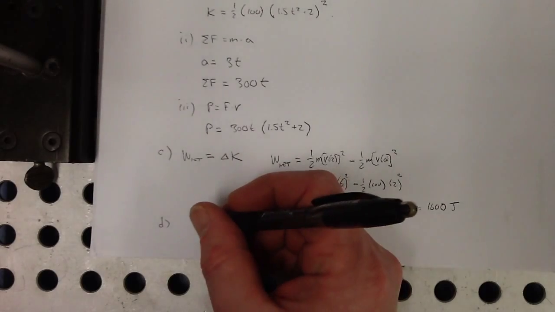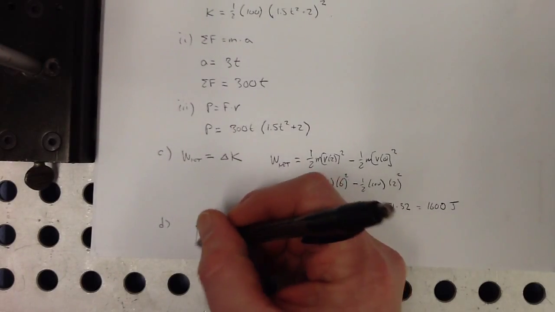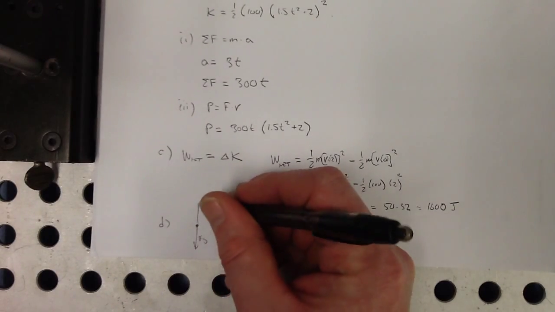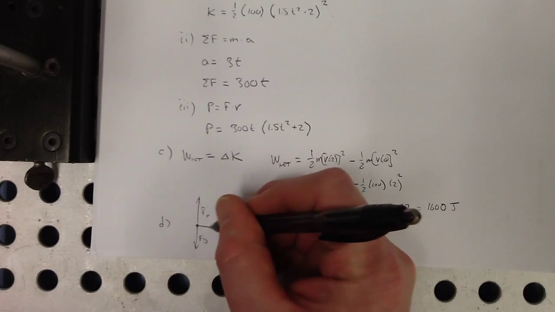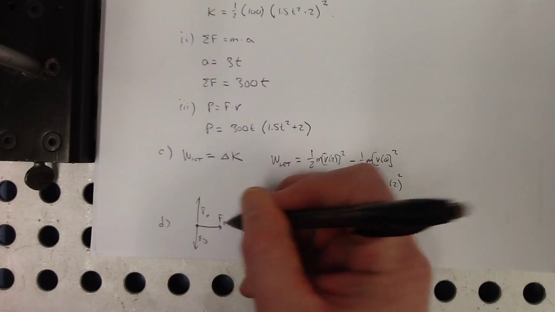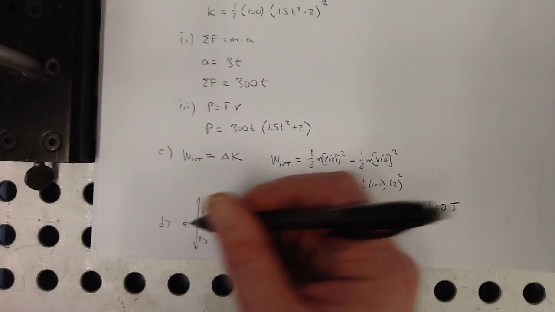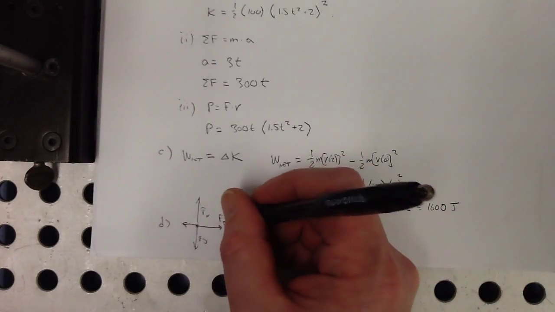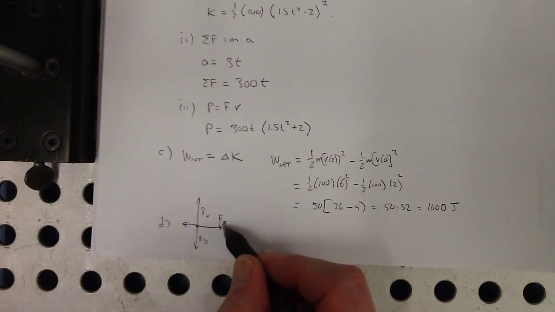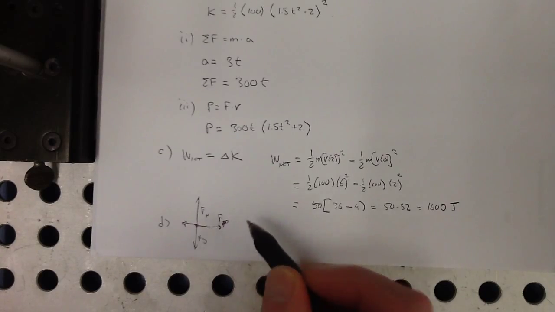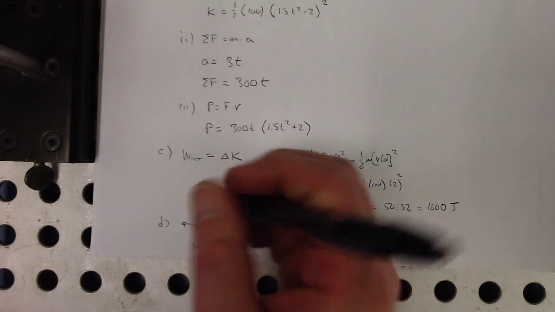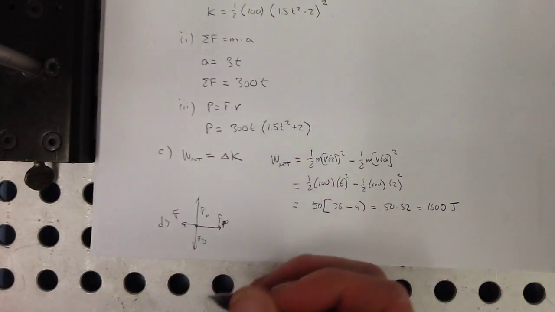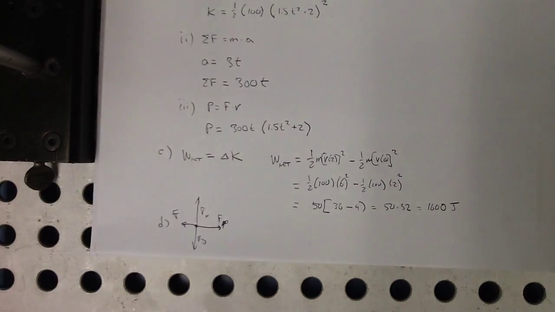So let me draw a quick force diagram of the box. There's the force of gravity, the normal force. Here's the force of the student pulling. And these forces are not constant, and I know that because of this weird cubic position function that we got, right? But anyway, I know it's a rough surface, so there is a frictional force.